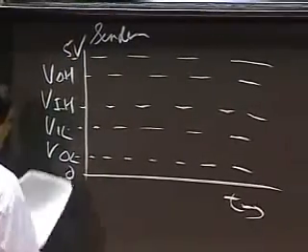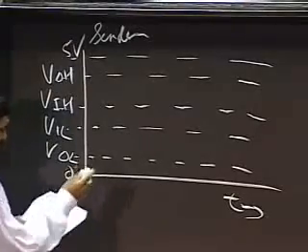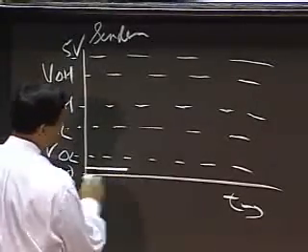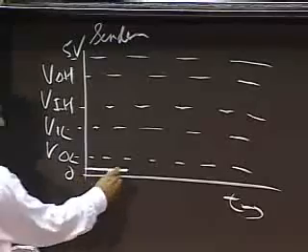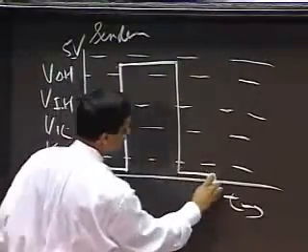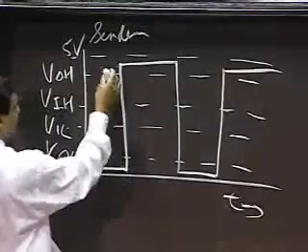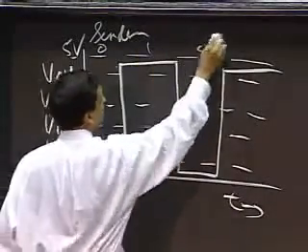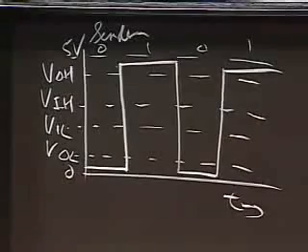And then, as a sender, if I want to send a 0, 1, 0, then for a 0, I have to be within this band, and for a 1, I have to be within this band. So this is an example of, say, 0, 1, 0, 1.